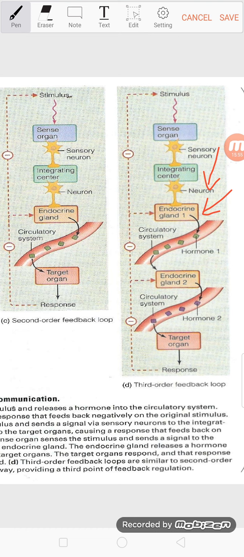And this hormone 1 travels to the second endocrine gland. Let's say we talk about the thyroid gland just now. Hormone 1 is TSH, thyroid stimulating hormone. The second endocrine gland is the thyroid gland. So the thyroid gland here will secrete thyroid hormone.